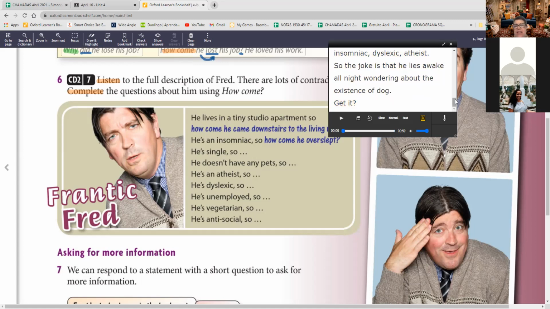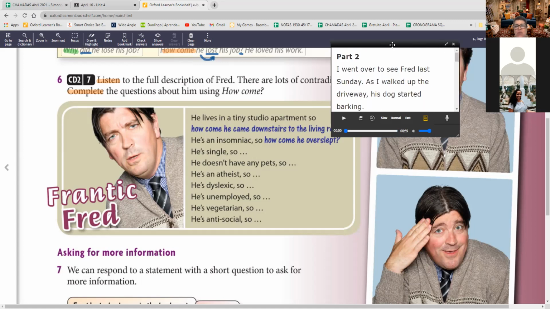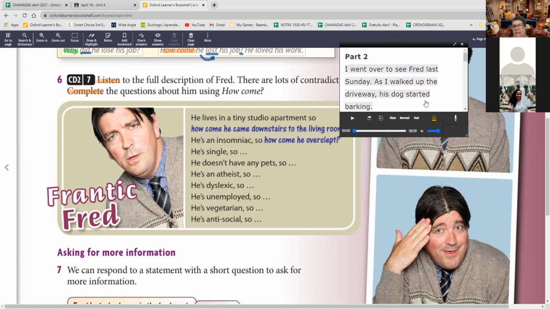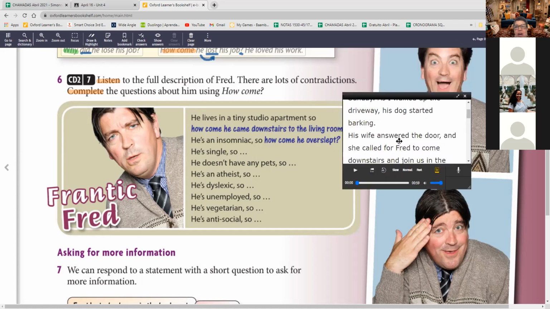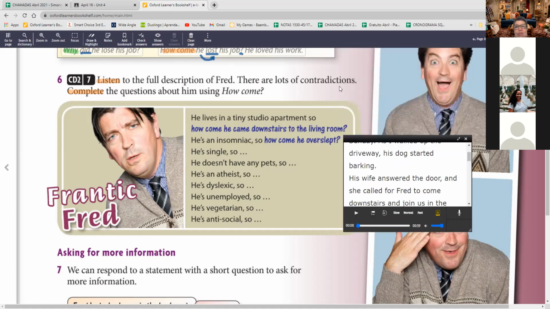Very funny indeed. Okay. So here we have, if he was a vegetarian, how come he eats a barbecue? Yeah, you see? This is the reason why they said there are lots of contradictions.